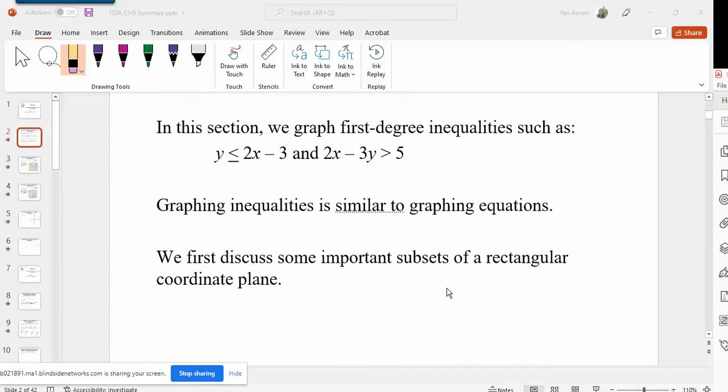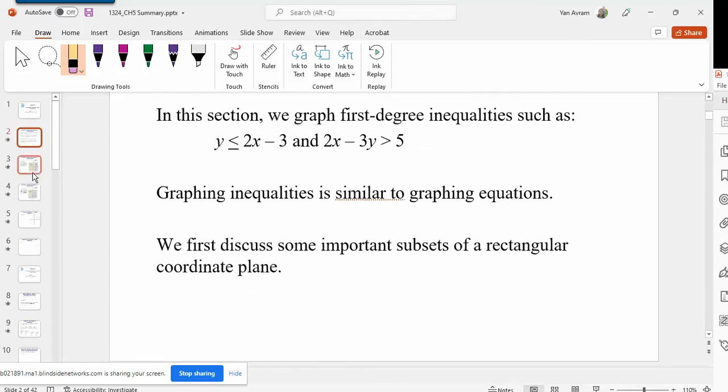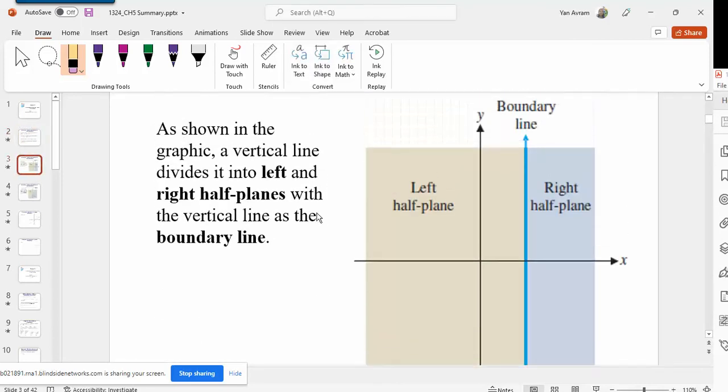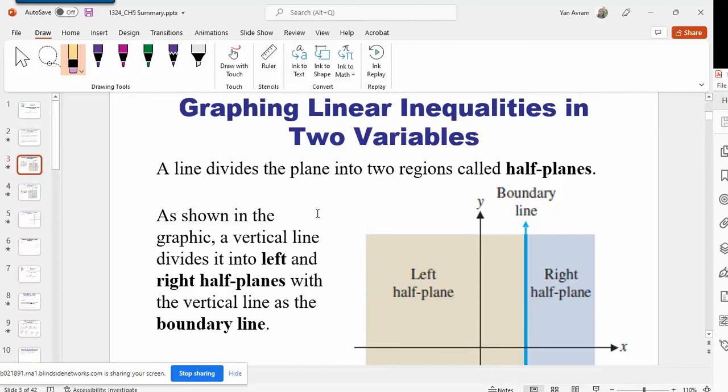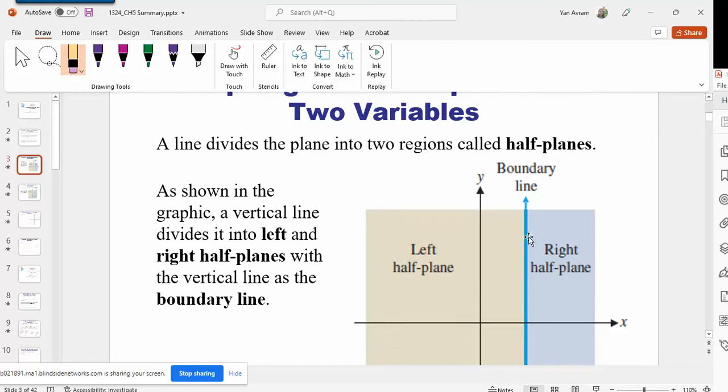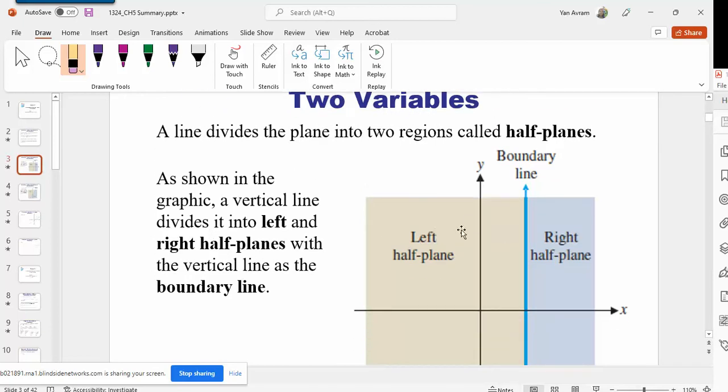So if we look at graphing the inequality, suppose this is x equal to 2, then this straight line is x equal to 2.